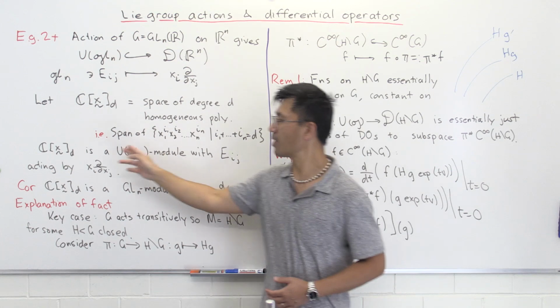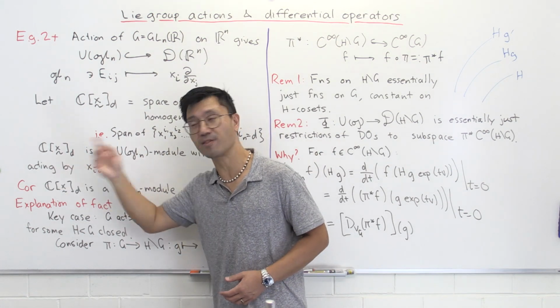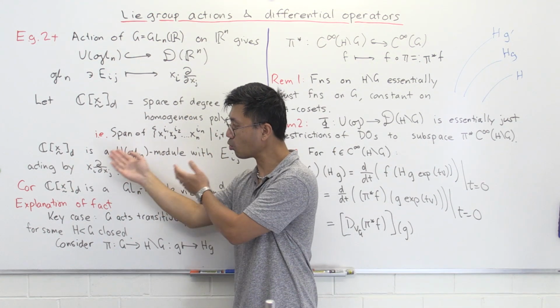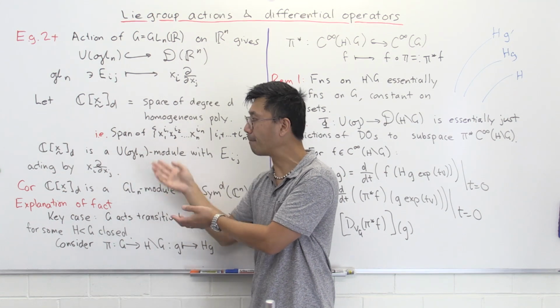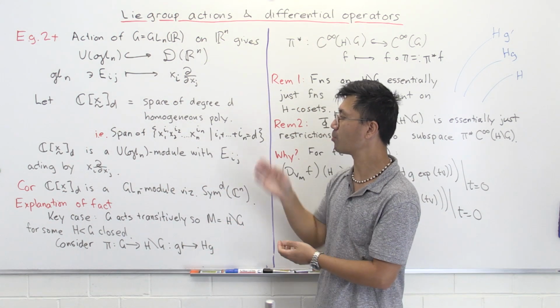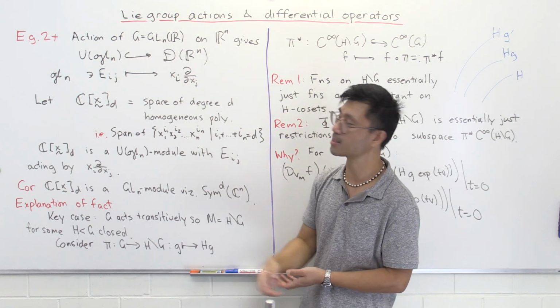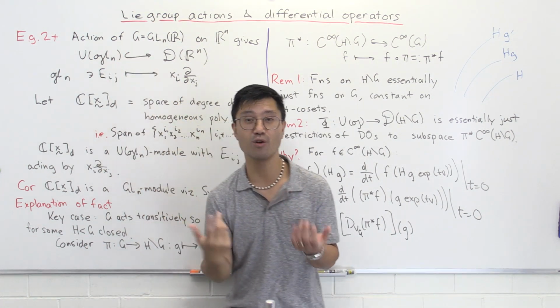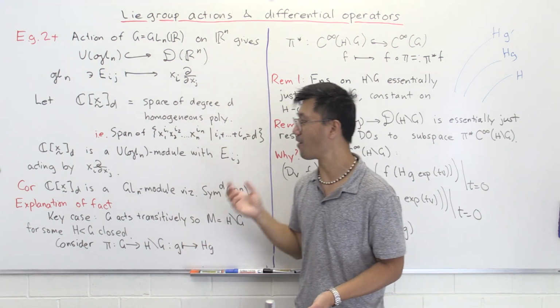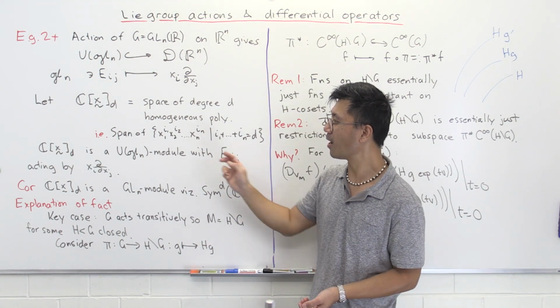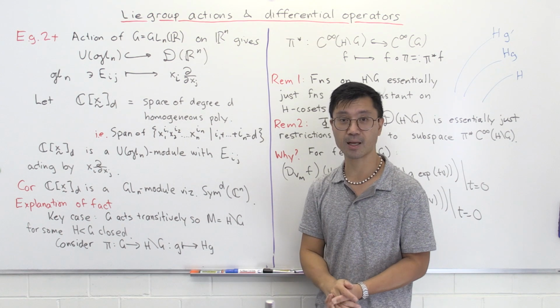So these differential operators actually preserve this space, and so too will any sum, product, or difference. This is closed under the action of all these differential operators, and hence under the action of this universal enveloping algebra. And so we've constructed a module over this universal enveloping algebra.